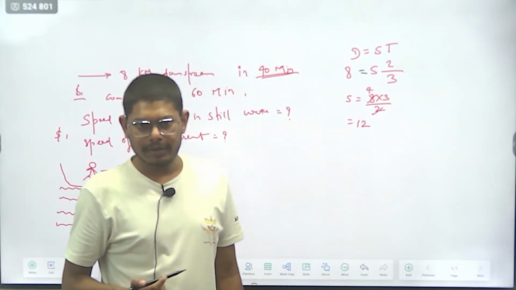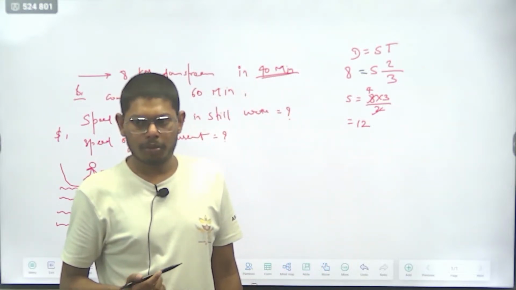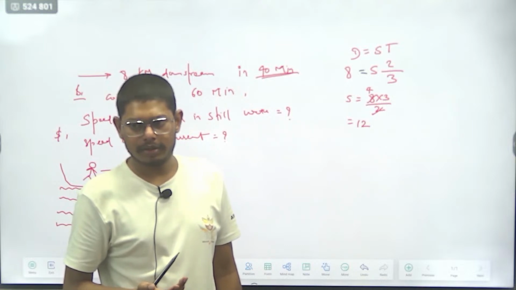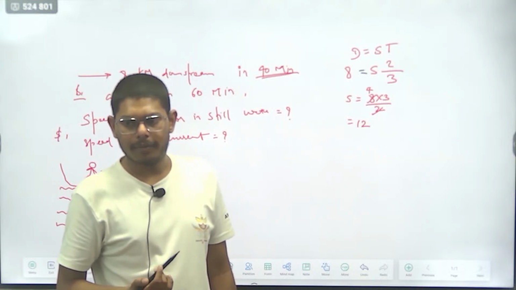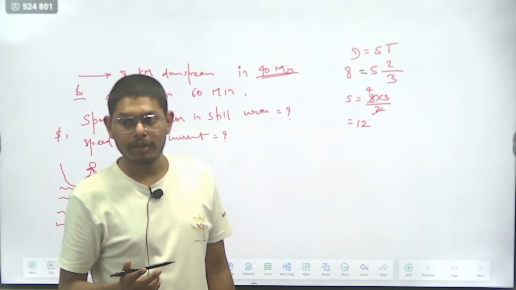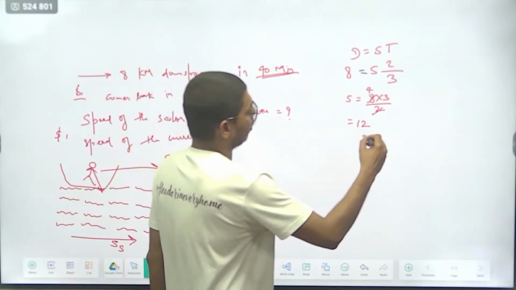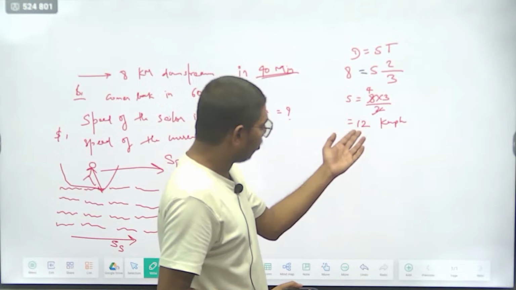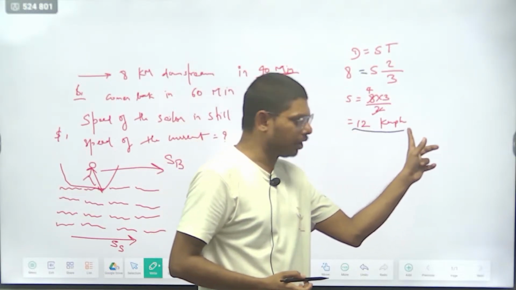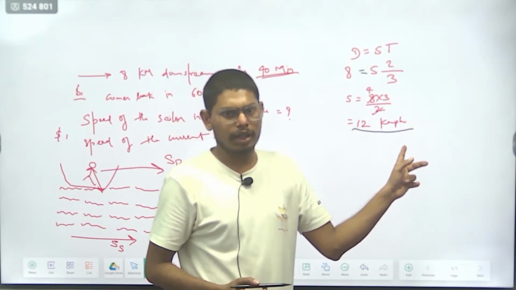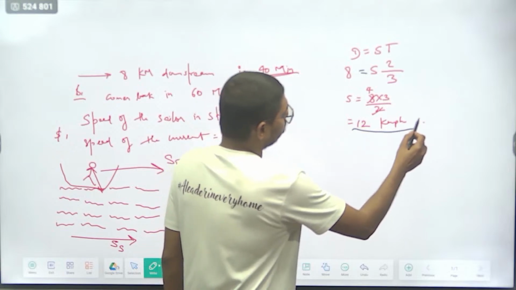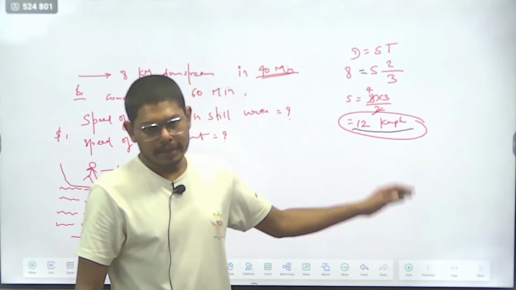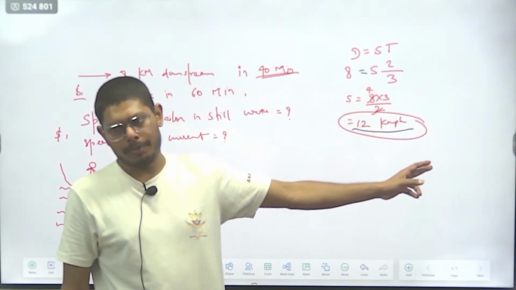12 what? Kilometer per hour, right? Do not be in doubt. Not only this number is important, along with it the unit is also important. So 12 kmph was his net speed, but actually what happened over here?